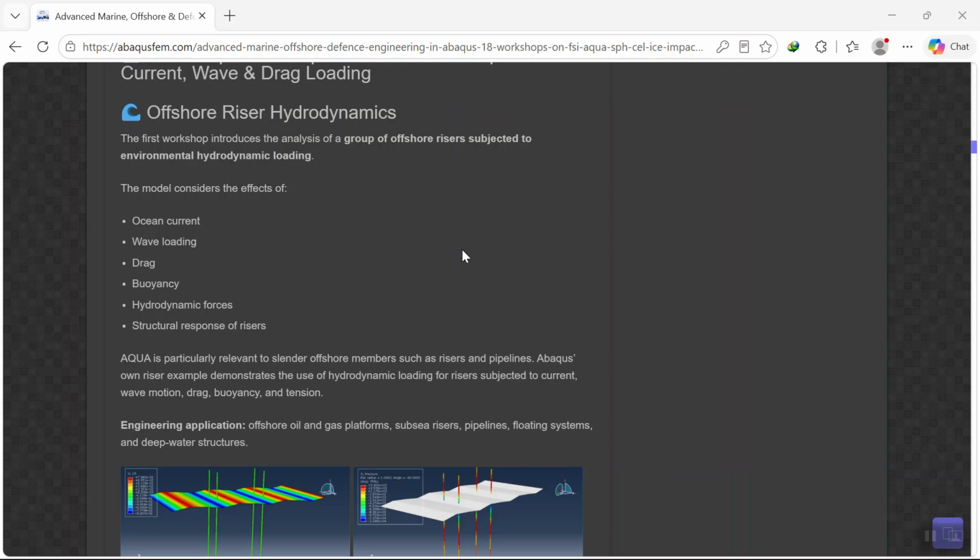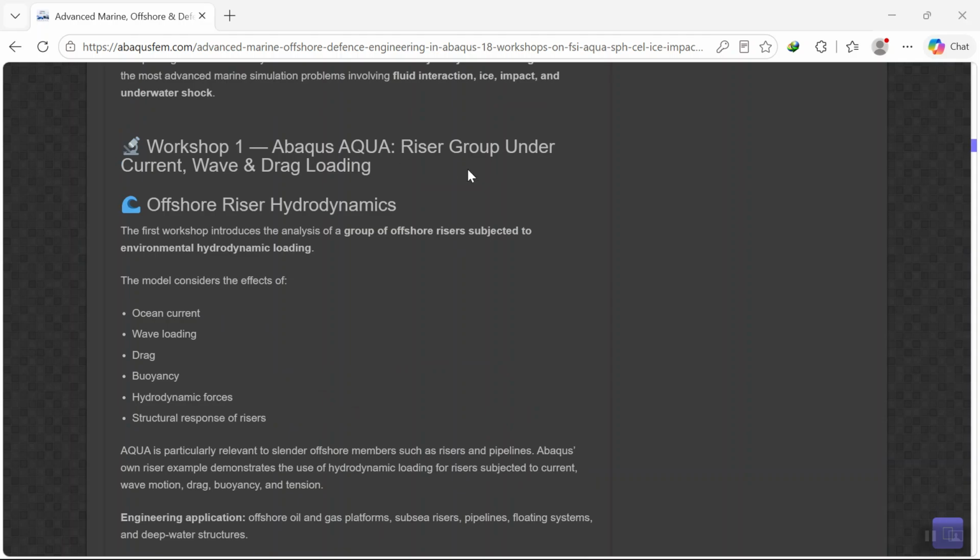Here, as you can see, we have 18 workshops in this package, and the first group is offshore structures.